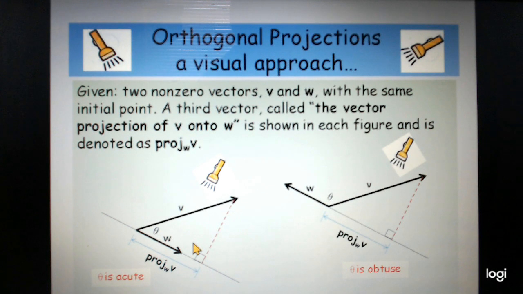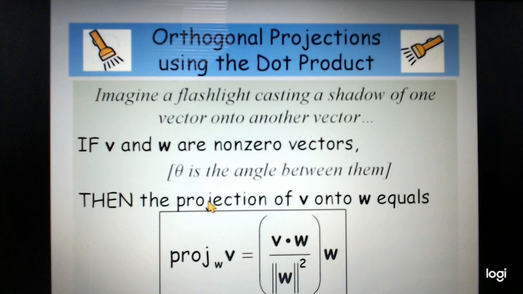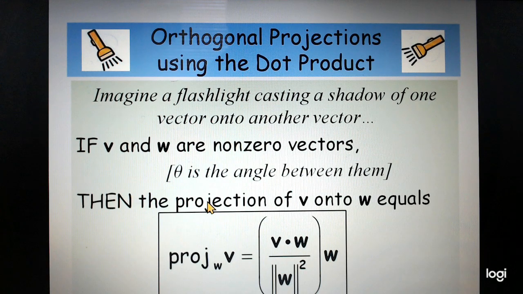And by definition, cosine theta is adjacent over hypotenuse. So therefore, the cosine of theta is the magnitude of the projection over the magnitude of v. And what we're going to do is we're going to use that idea right now.